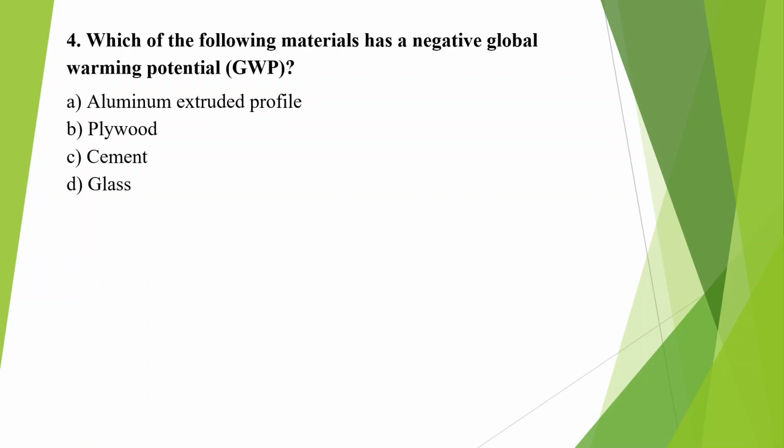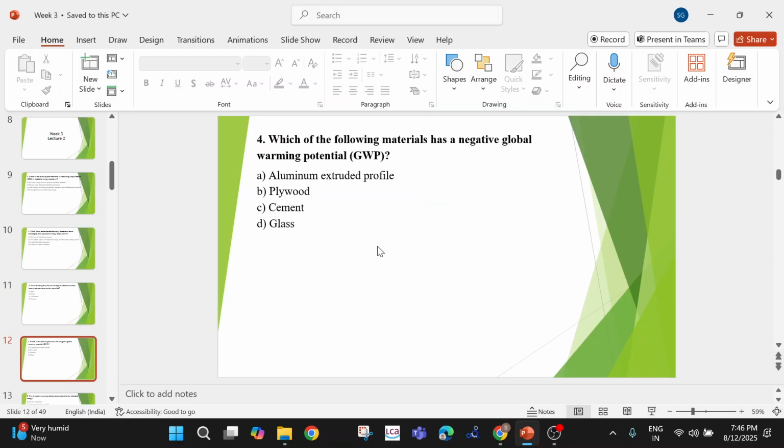Rather, it is acting as a carbon sink, or a negative source for global warming potential. So based on that, try to answer which material is not producing global warming and is helping us decrease the global warming potential. If you try to understand it in that regard, then you will be able to answer this question number 4. Let's see how many of you can answer it then.